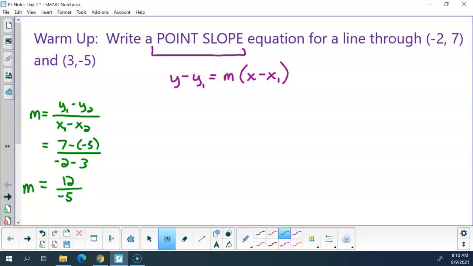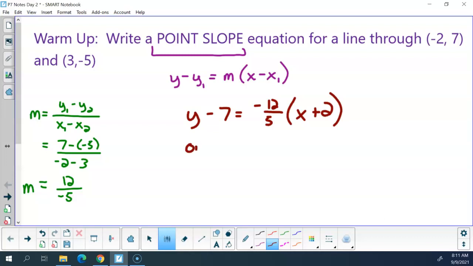So the point slope form of this line could be y minus 7 equals negative 12 fifths times the quantity x minus negative 2. I'm going to write it as x plus 2. That's if I use the point negative 2 comma 7.